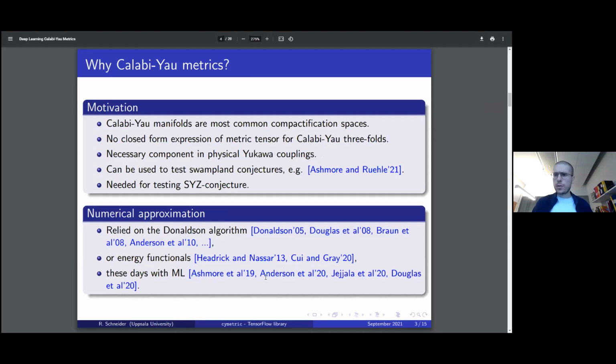There are different approaches for this. So some of them try to learn better approximations for the scalar potential, and then in particular, the research groups around Anderson and Douglas were learning the metric directly. And this talk today is also going to be in line with the proposal from these two research groups to learn the metric tensor directly.